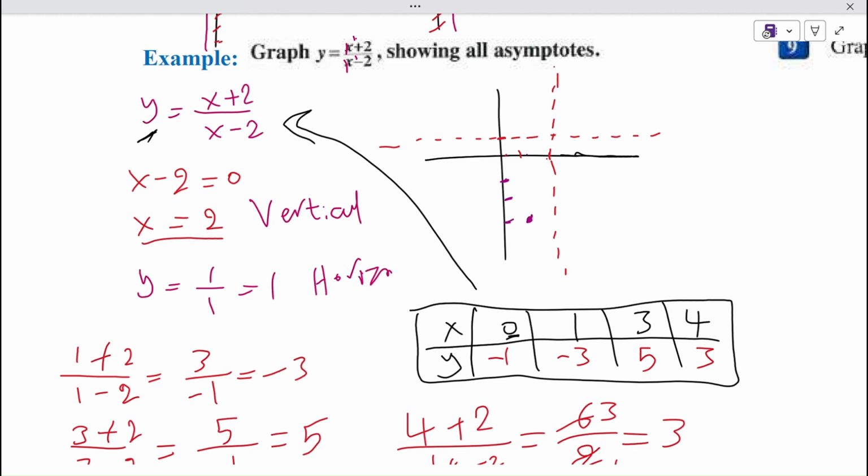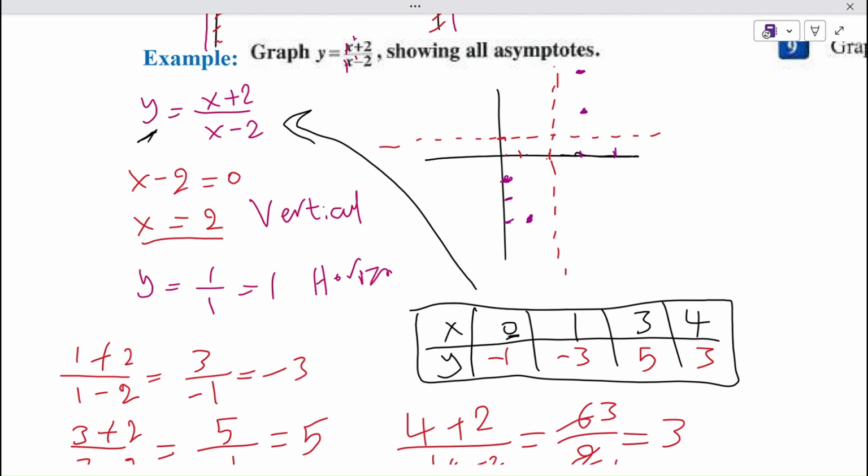If x is equal to 3, then y is equal to 5. It means here. If x is equal to 4, where is 4? Here. Then y is equal to 3. So let's draw the graph.